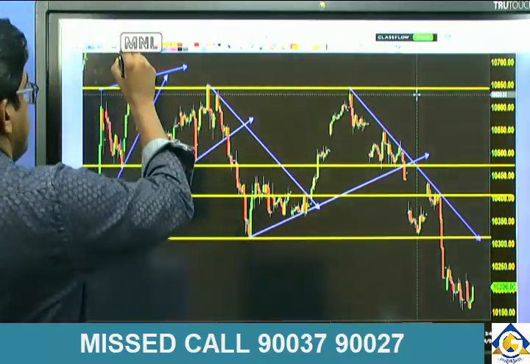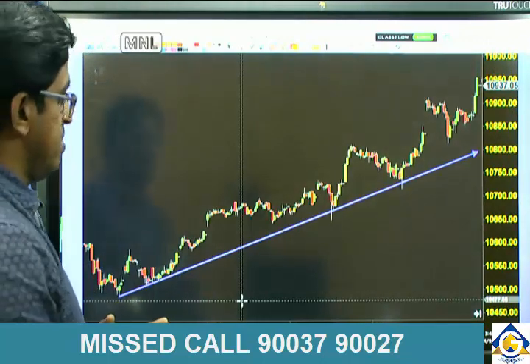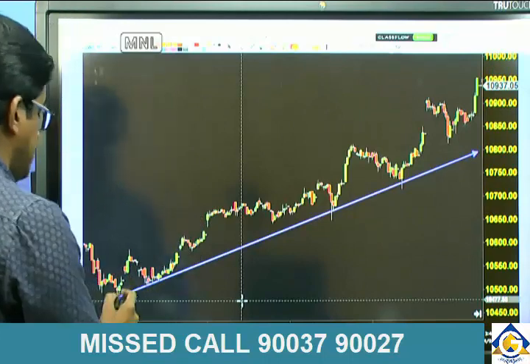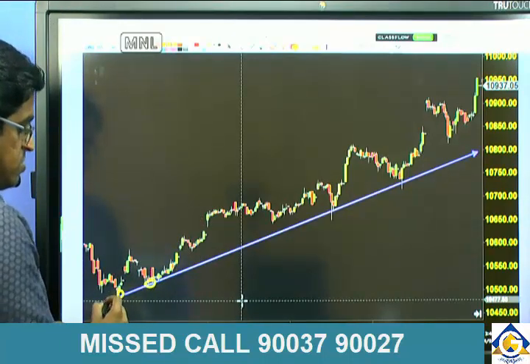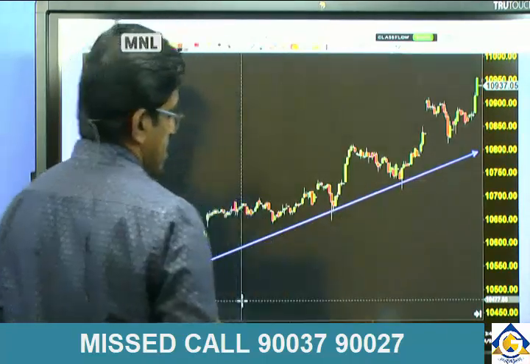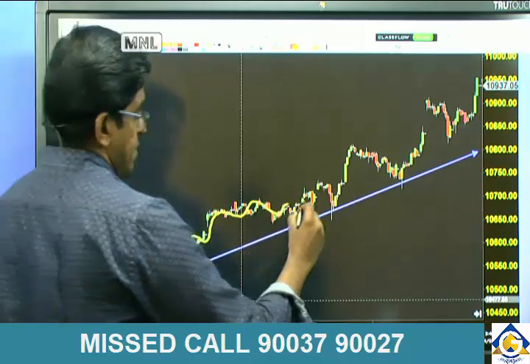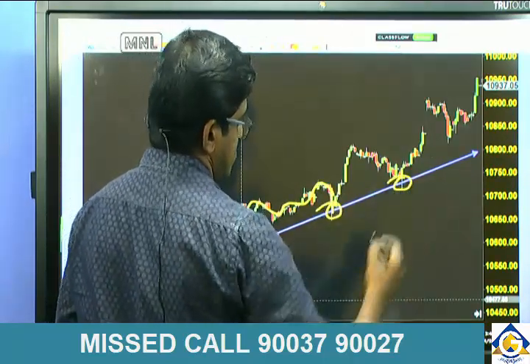So this is a mix of trend and support line. In this chart, you can identify the trend very easily after connecting these two lows. If I project this line, you may be amazed to see how whenever the price moves up, it comes and tests the support. We call it a diagonal support.